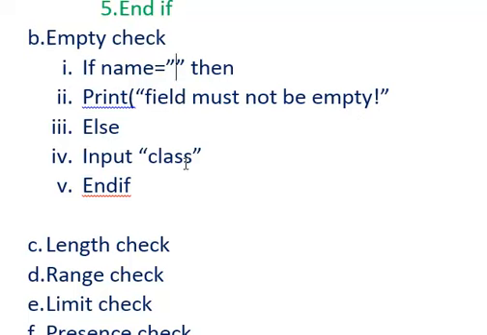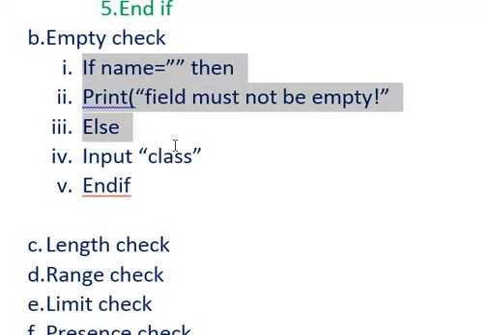Otherwise, input class. If your name is present, then it will ask you for class. If there is no name, it won't ask you, because this comes under else. This statement follows else, and else follows print, and the whole check has different parts to understand and apply.